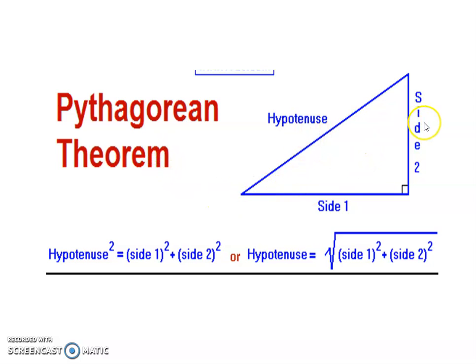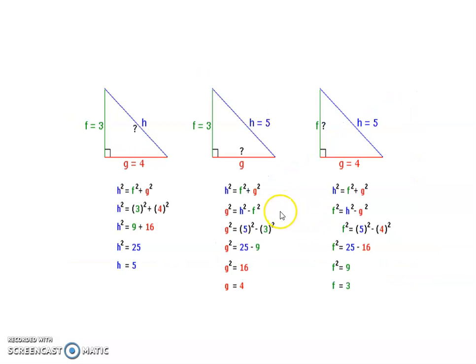We have to choose side 1 and side 2, that is base and height, and the hypotenuse. It depends on what type of angle is established. Now the Pythagoras theorem statement is: hypotenuse square is equal to side 1 square plus side 2 square, or hypotenuse is equal to the square root of side 1 square plus side 2 square.